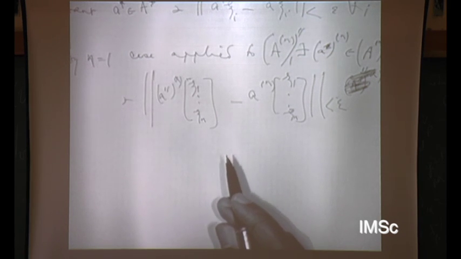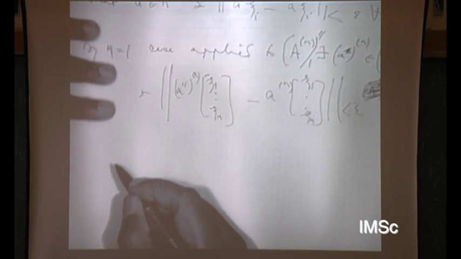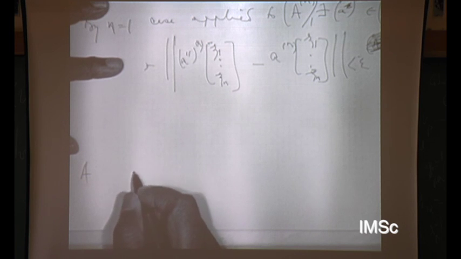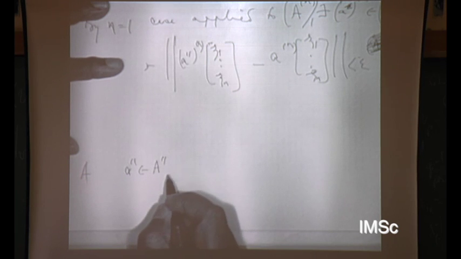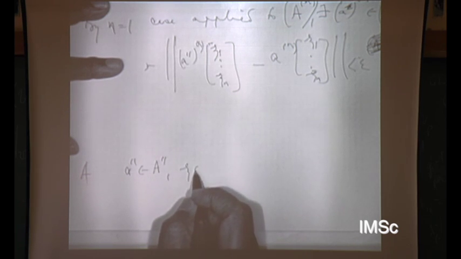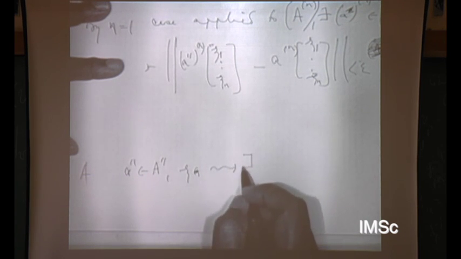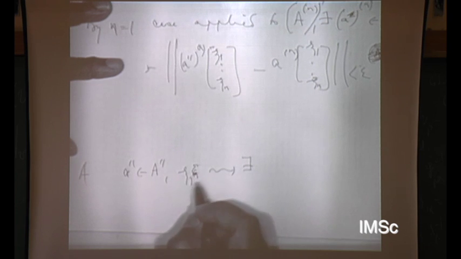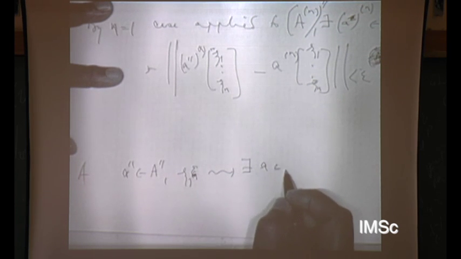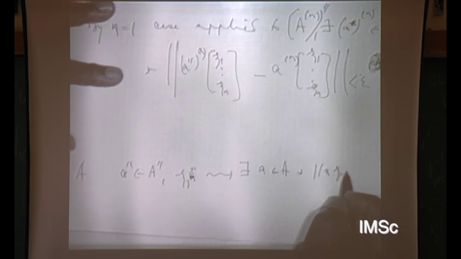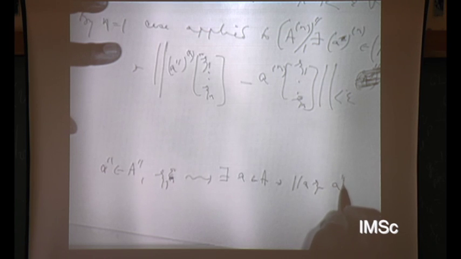What did we prove with the n equals 1 case? We're given a star algebra A, and you take any A double prime in A double prime and any vector xi in H, and any epsilon. You want to say there exists an A in A, so that the norm of A xi minus A double prime xi is less than epsilon.